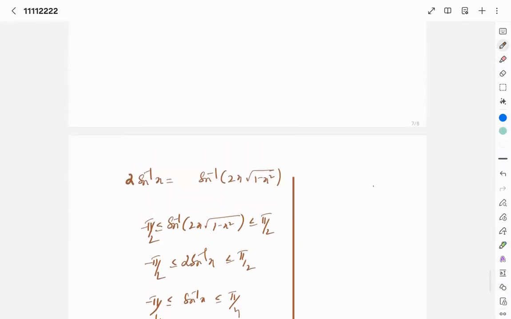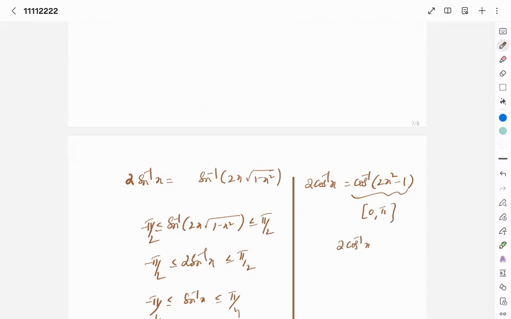Similarly, now you tell me: 2 cos inverse x is cos inverse of 2x square minus 1. Sir, now also the same interval will come. Same interval means how do we proceed, how do we write the steps? The range of cos inverse is x between 0 to pi.